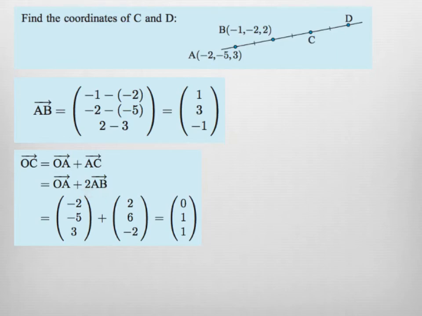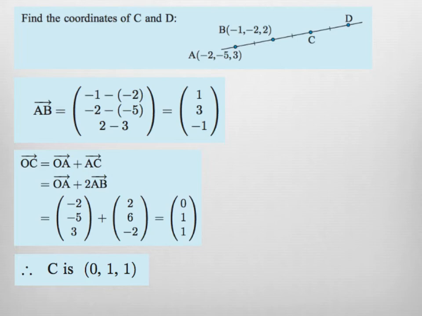OA is simply these coordinates in component form, plus 2 times AB, which is 1, 3, -1. Adding that, we have 0, 1, 1. That's the position vector of the point C. So we can say that C has the coordinates 0, 1, and 1. We've done that part.